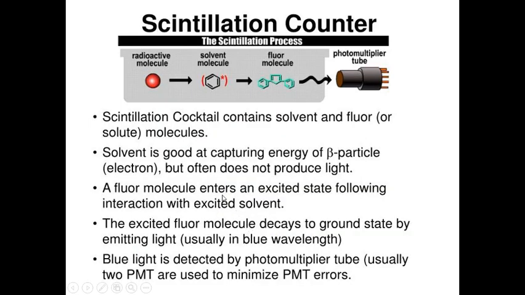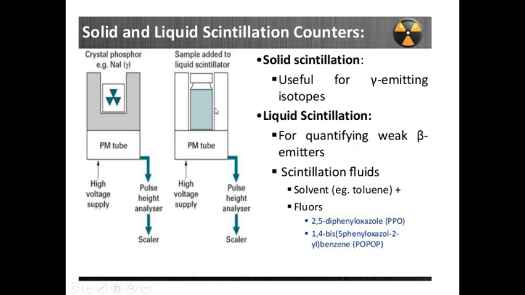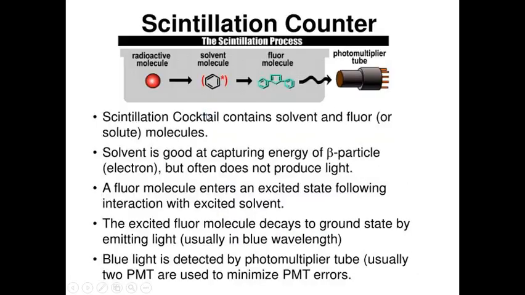Now how does the liquid scintillation counter actually work? In these vials we can directly keep the radioactive molecules, solvent molecules and the fluor molecules. The radioactive molecules within the vial start to emit ionizing radiations.